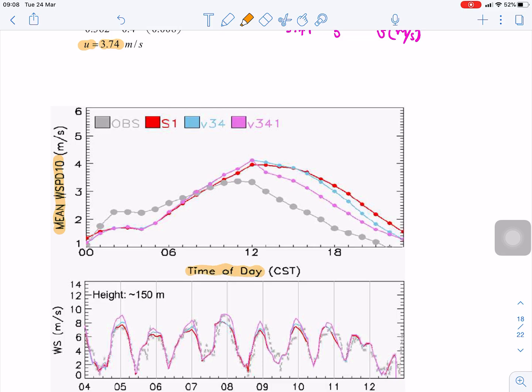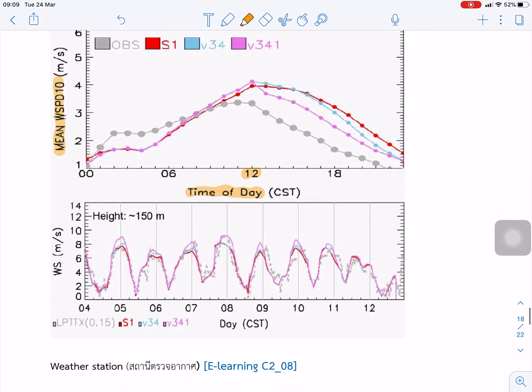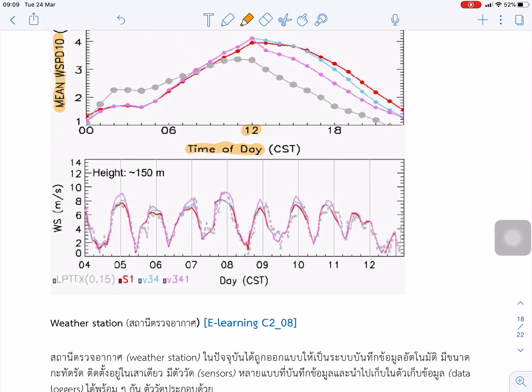So you can see that at about 12 o'clock, during midday, the lunchtime, the maximum wind speed occurs at this time, and in different locations it differs. This figure shows the change of wind speed with time day by day, so the wind speed can change from one day to the other.